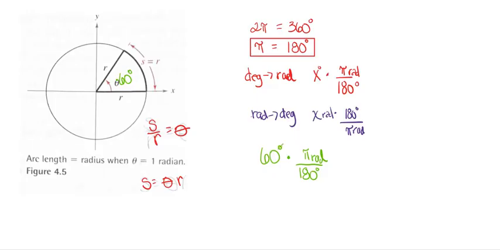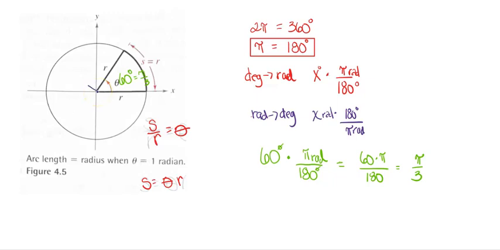So here I can cancel out my degrees, and simplify this as 60 times pi over 180. And 60 over 180 reduces to 1/3, so this is really just pi over 3. So 60 degrees is equivalent to pi over 3 radians. We don't usually write the word radian afterwards, we just say pi over 3, and that's fine.